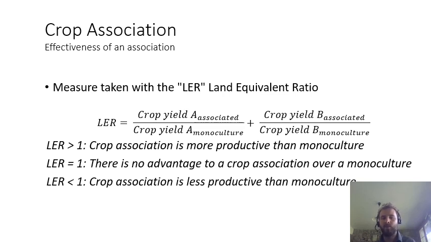So you have to take more factors into consideration to evaluate what you want to do. But on pure yield results, if you have a complementary association, you almost always get a better LER.